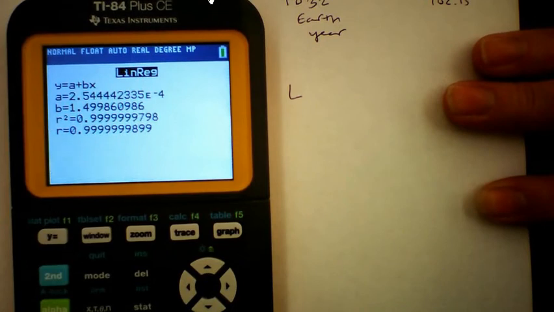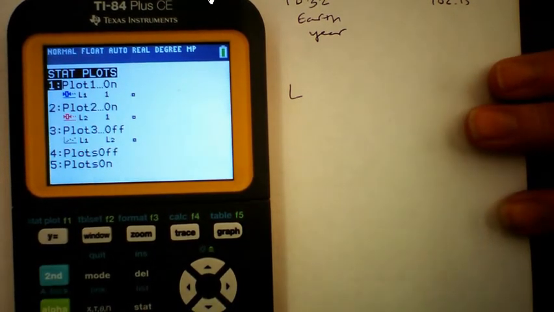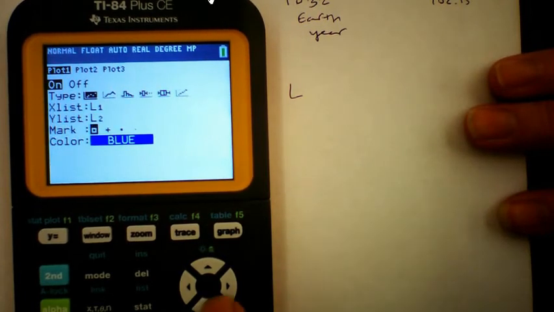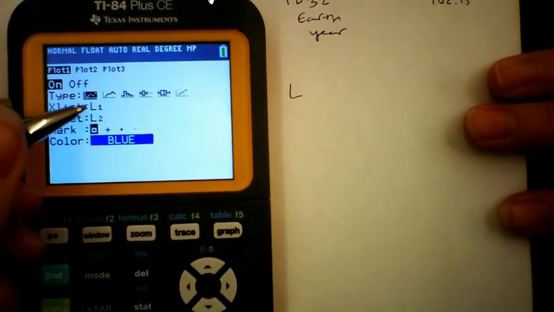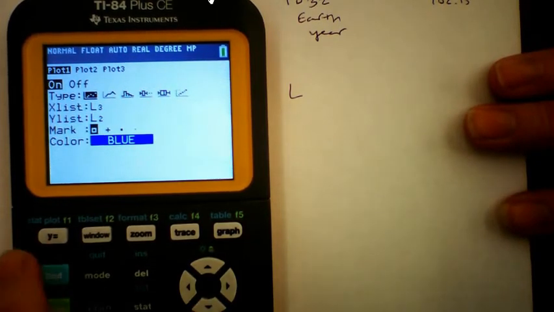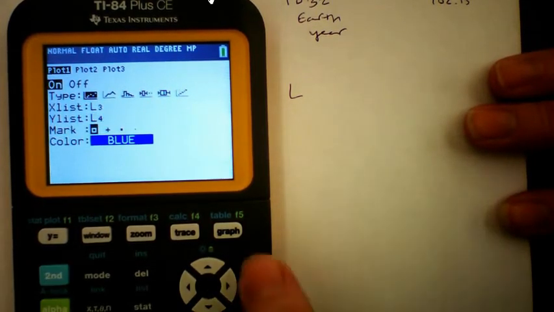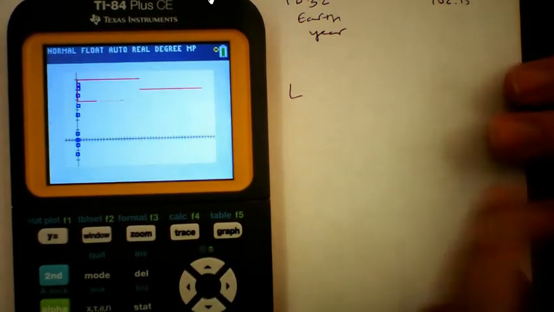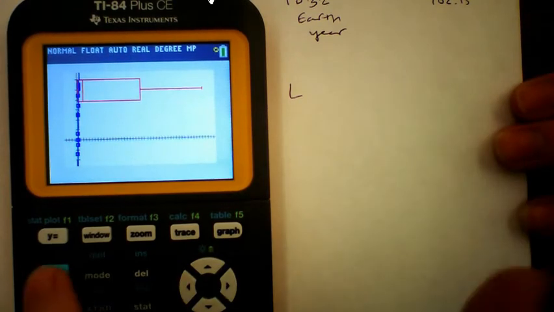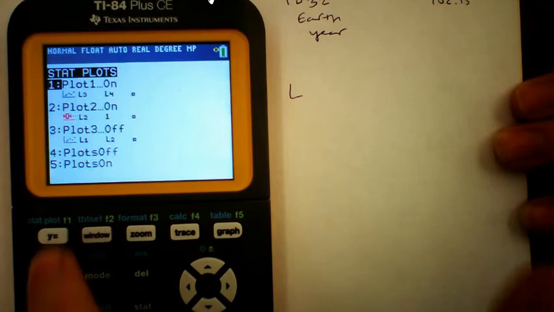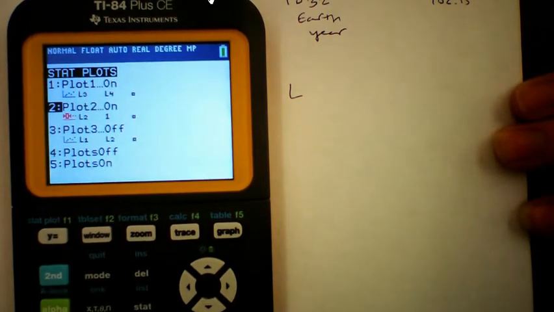To check L, I go into stat plot. I turn on my stat plot, scatter plot, and this is the wrong list because I really have it in L3 and L4. When I go there and zoom 9, that's not looking so good. It must have something else on, so I'll turn this one off.